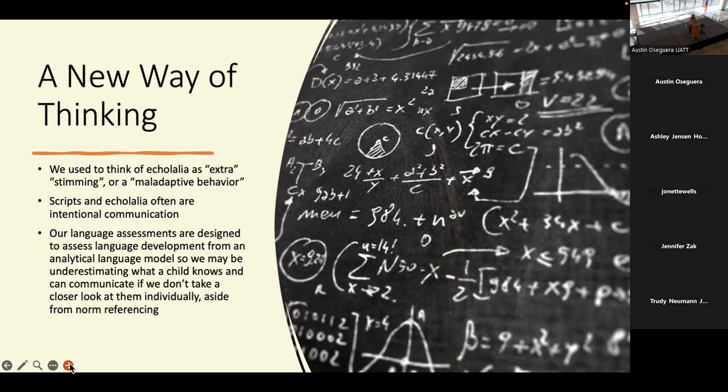So that was the first thing I heard when I was coming out, that this is not productive, it's not helpful, and in fact, it's maladaptive. It's distracting, it's keeping them from saying and learning the type of language that they need to, and this is a behavior that we need to mitigate.